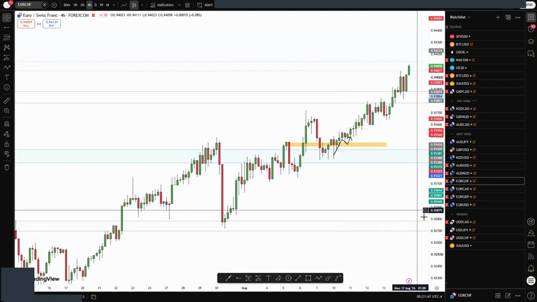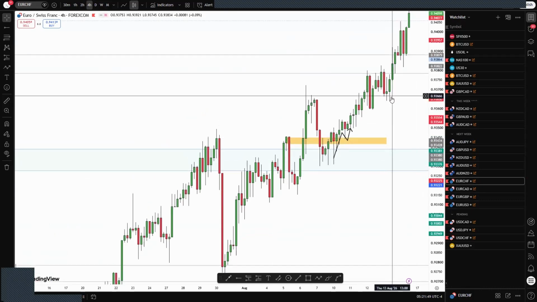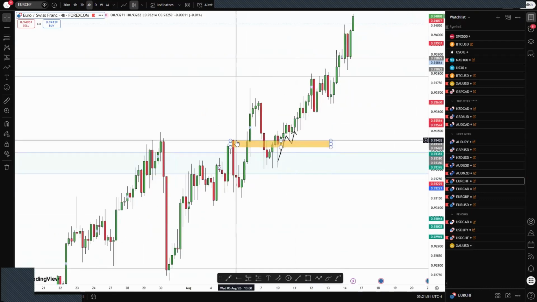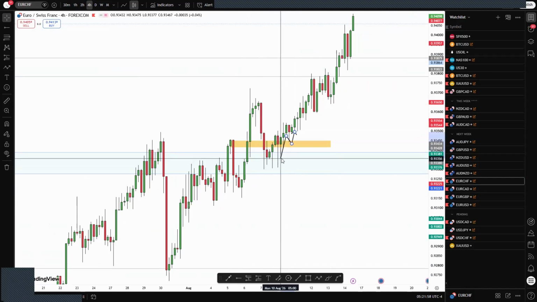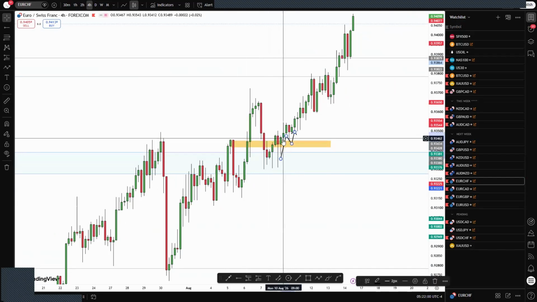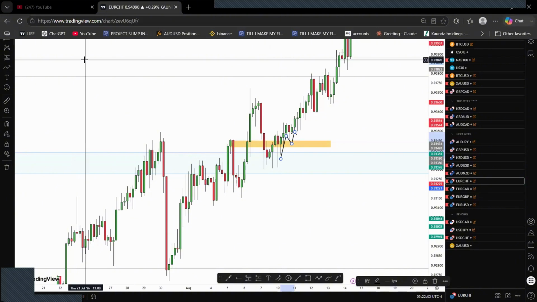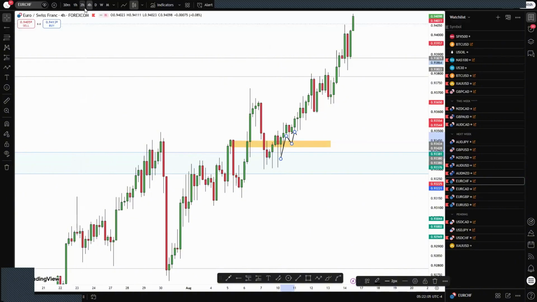I was telling him that all we needed was price to break above this level and then test and give us an entry, and give us this pin bar in the 2 hour time frame.